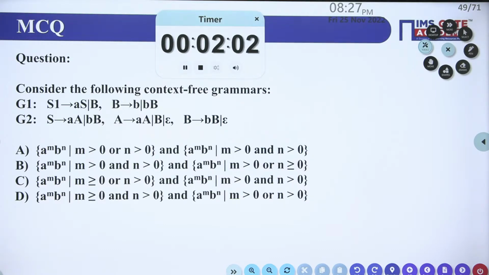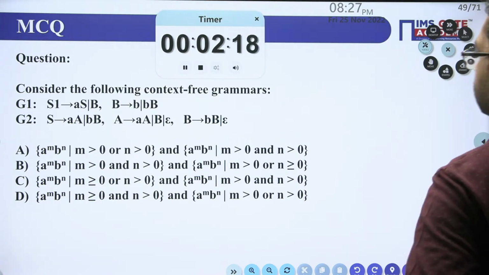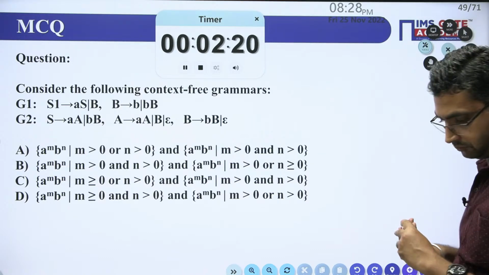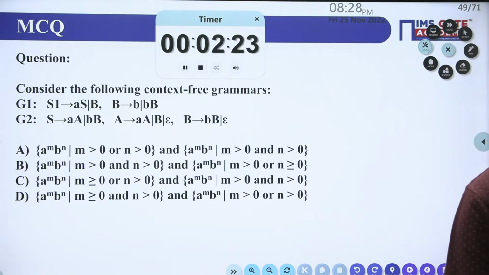Just cross check once. Yes, Saurav, you are correct. Gagan, you are also correct. So Kundan, just cross check your answer. The answer has to be D, right? So let's see how it is D.